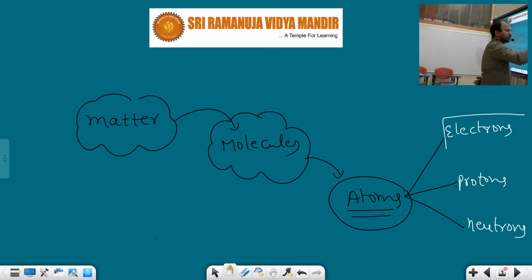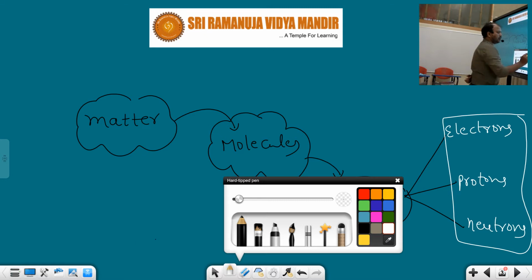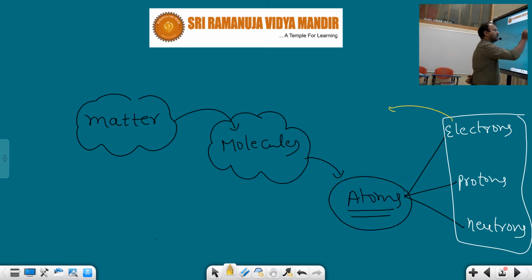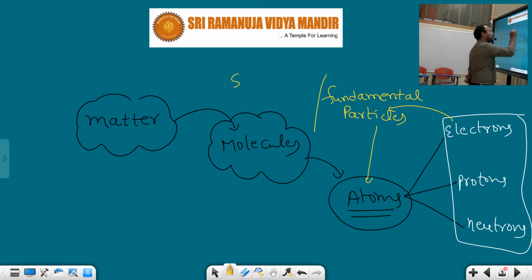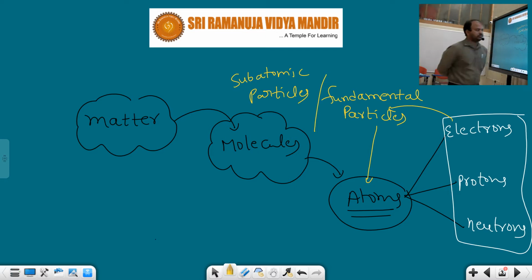These three particles are called fundamental particles of an atom, or this is also called subatomic particles of an atom.